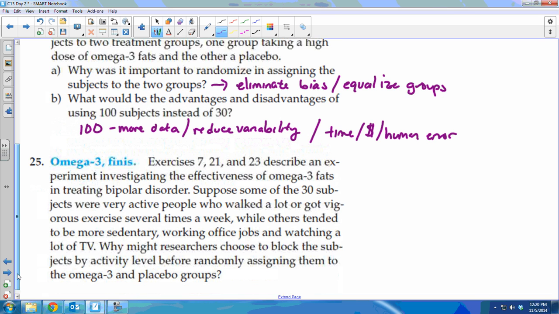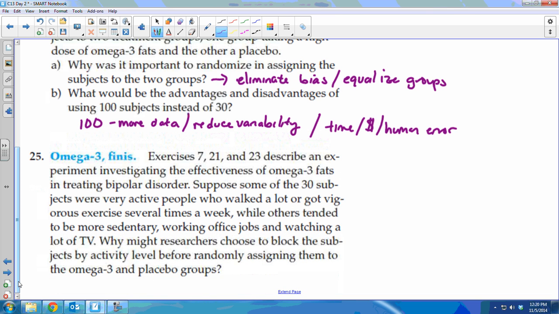And then lastly, same thing. Suppose some of the 30 subjects were very active people who walked a lot or got vigorous exercise several times a week, while others tended to be more sedentary, working office jobs and watching a lot of TV. Why might researchers choose to block the subjects by activity level before randomly assigning them to the omega-3 and placebo groups? So what would blocking accomplish?